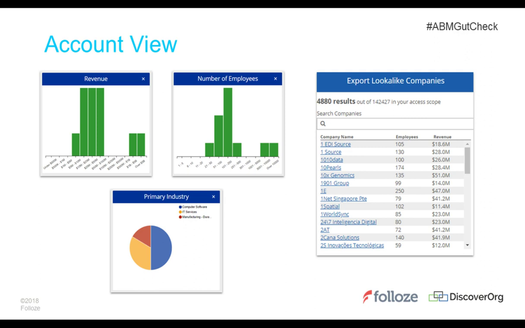That's the sweet spot there. The primary industry is computer software and information technology services. So you can continue to drill down on these characteristics that you know are really good for your business, and then find more companies that look like them, and take that to your team and sit down and say, are any of these good enough to be put into our ABM list?